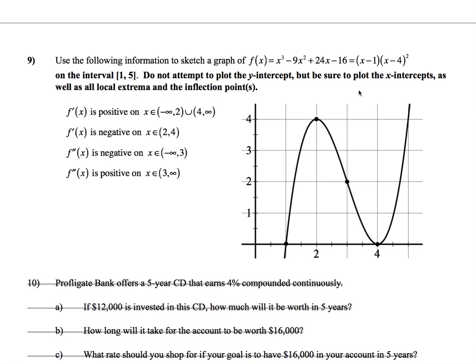Now we are not going to plot the y-intercept because it's way down here out of sight, but we will need to plot the x-intercepts, which are the zeros, as well as any local extrema and any inflection points.